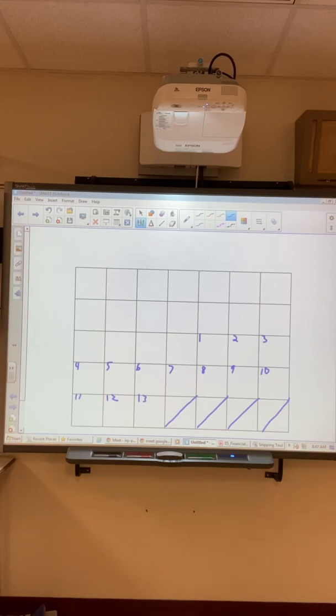Now we're going into October, before November, and when you do this on your own, you have to be careful. How many days are in October? October has 31, right? Because that's Halloween. So I'm going to start October 31st and count backwards until I fill the box up.